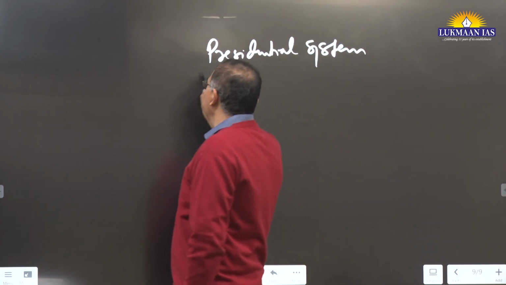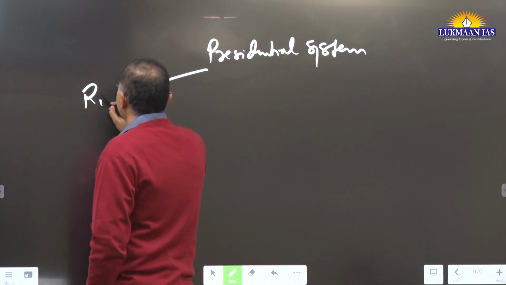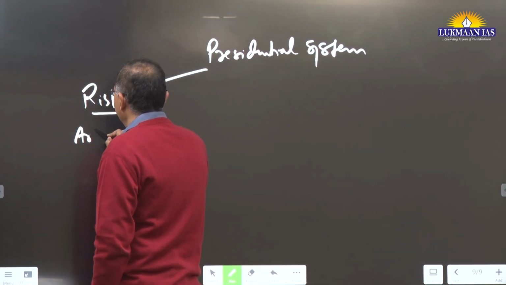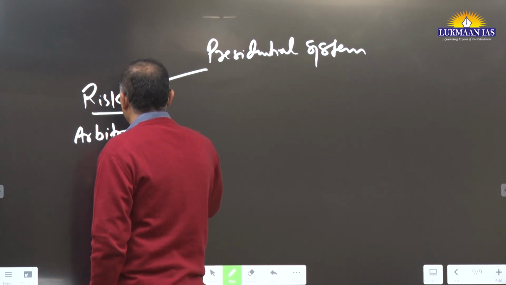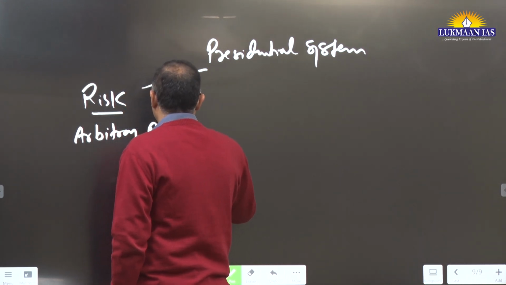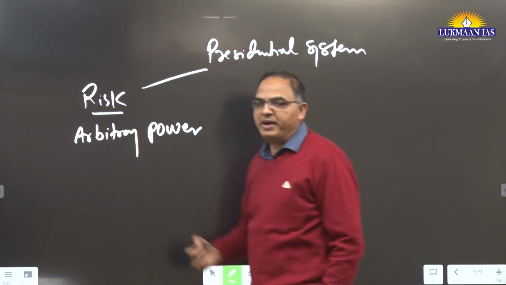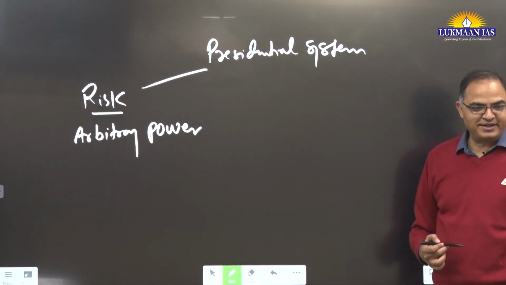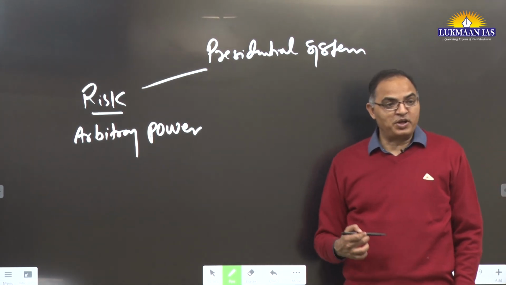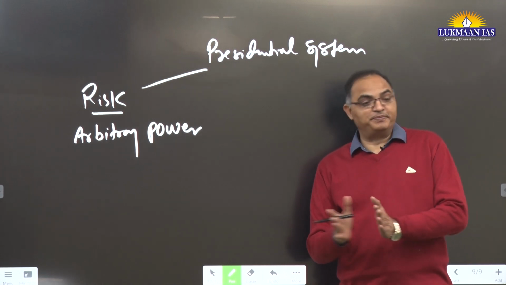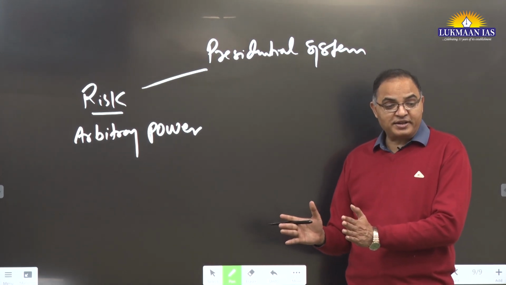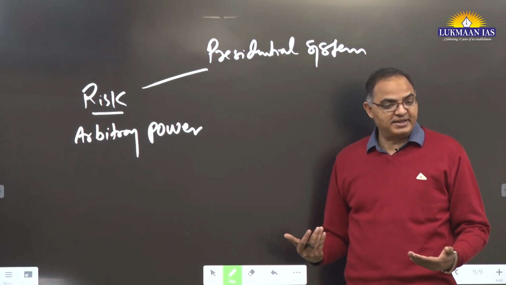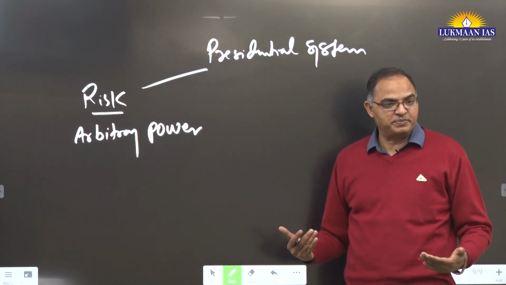So basically, let's say we consider the risk. It was a risk of arbitrary exercise of power. And parliamentary democracy has also experienced arbitrary exercise of power. It is not completely insulated from it. Even we had an emergency, three times emergency imposed, one internal emergency, and how it was misused.